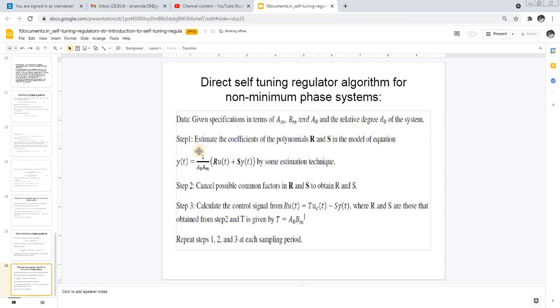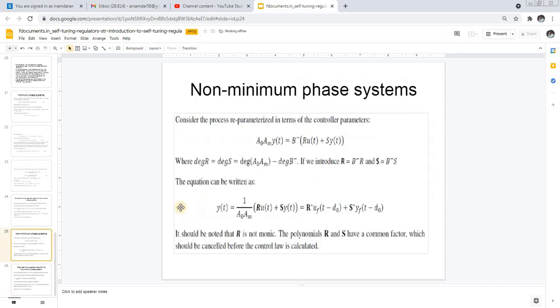Then in step number 1, we have to estimate the coefficients of the polynomials R and S in the model of the equation, by using an estimation technique.